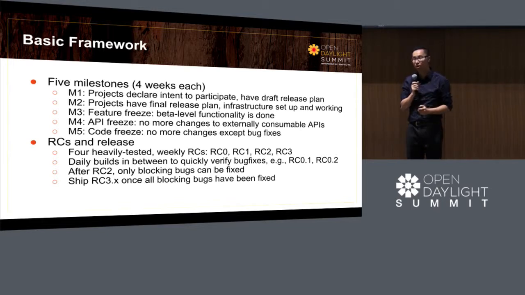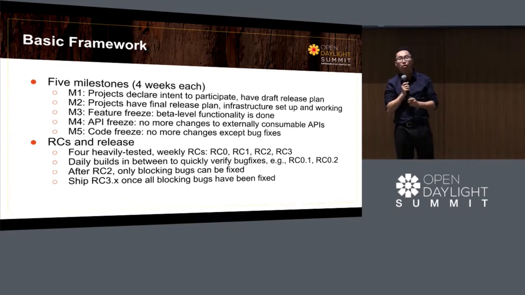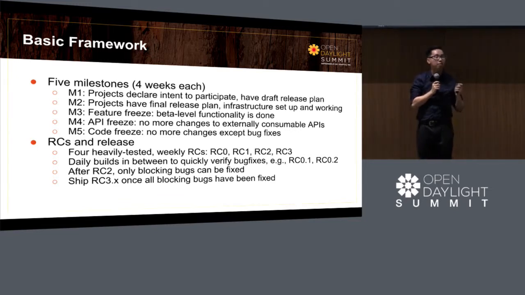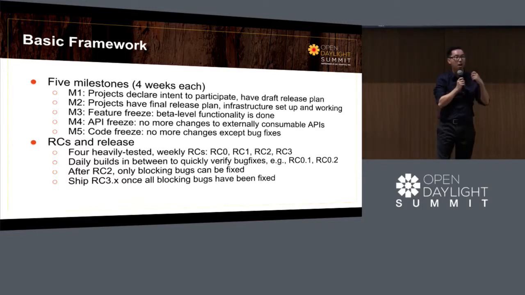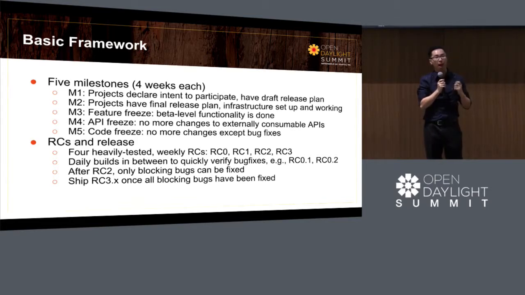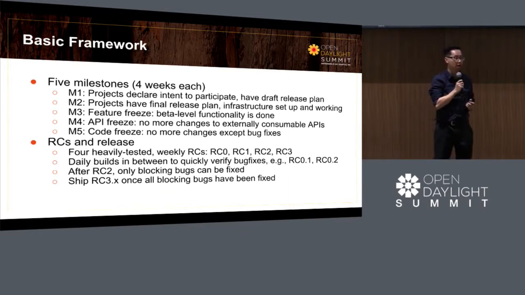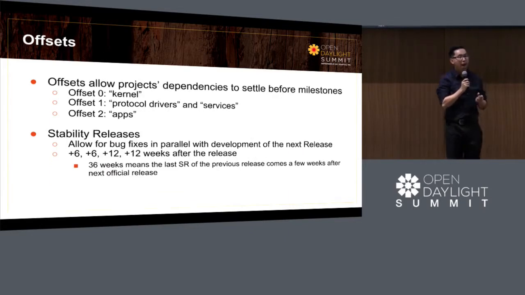And all of these checkpoints exist because we want to make sure that all the 50+ projects communicate their intent, their plan, and their quality to other projects, right? In the release candidate phase, we have a weekly build of the release candidate, and we continuously test and identify any sort of blocking bugs, right?